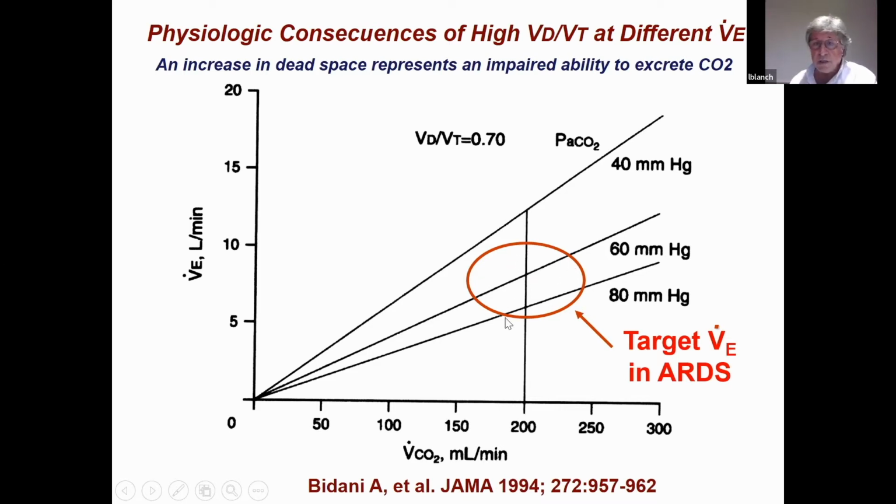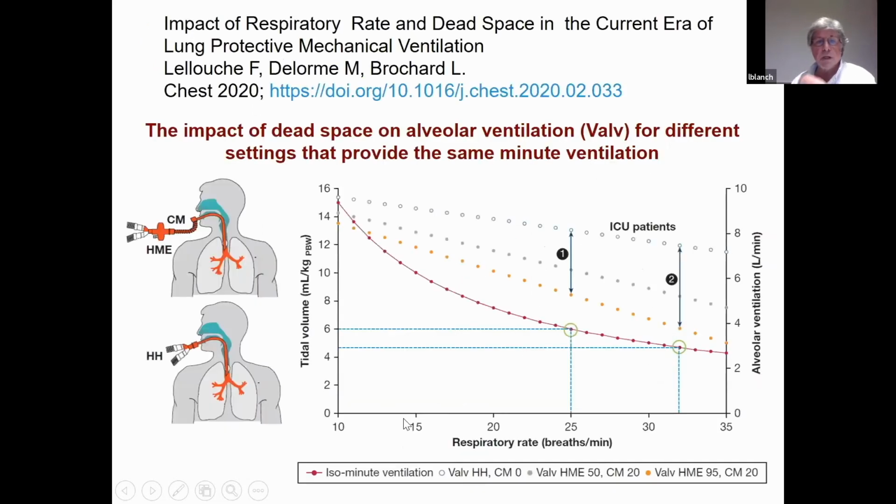So this is important because this reflects the profound alteration in microcirculation in the lung together with shunt. And again, we need to think about the different components of the dead space. And this is important because the impact of the airways dead space is important.